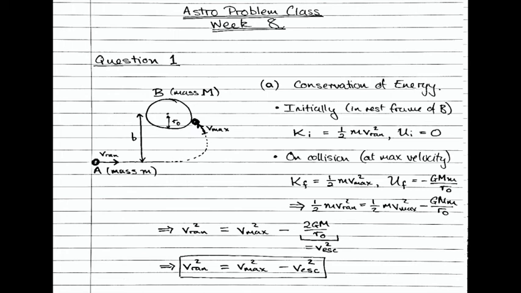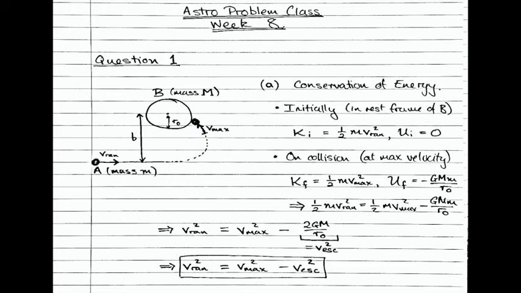If we set the total initial energy, Ki plus Ui, equal to the total final energy, Kf plus Uf, you get the expression shown near the bottom: a half m v_ran squared equals a half m v_max squared minus GMm over R0. With a little rearranging, we can cancel the little m's, and we find v_ran squared is v_max squared minus 2GM over R0.